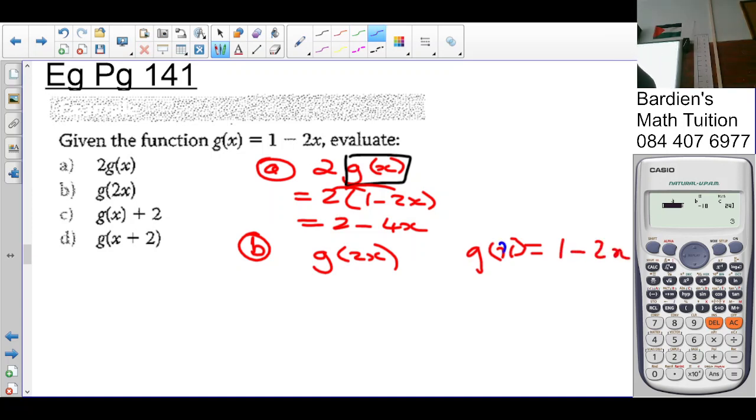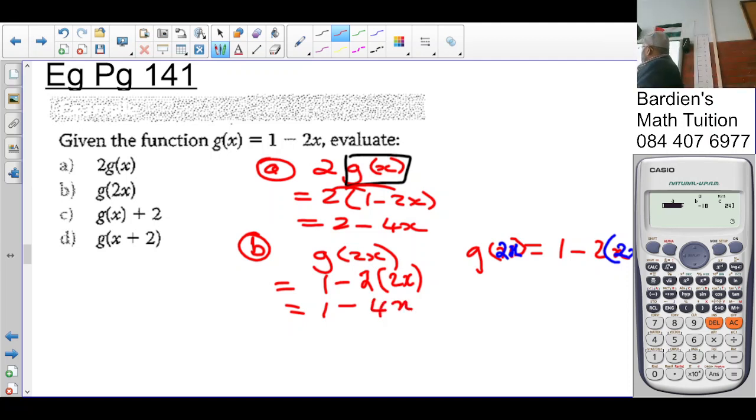But now there's a 2x here, so the x must go away. You see the difference? So this would simply be 1 minus 2 times 2x. So it's 1 minus 4x.